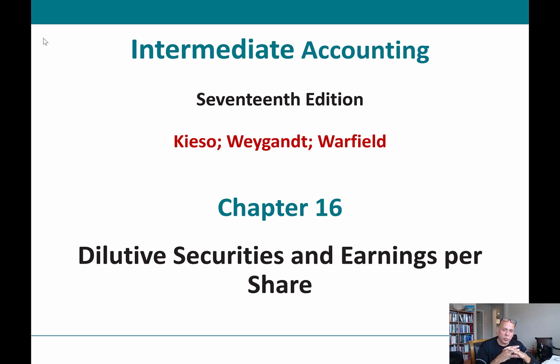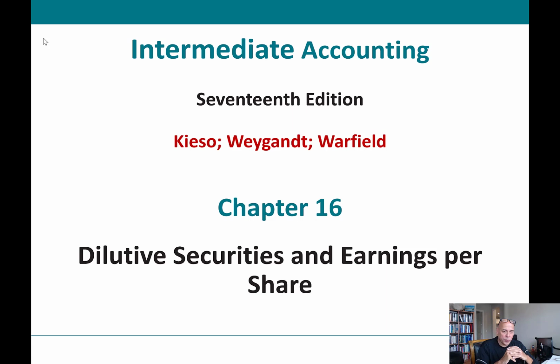The accounting standards require that an entity report what the diluted earnings per share would be. The idea is that a potential investor or current shareholder would want to see what would happen if shares that are not yet common shares were somehow converted into common shares.